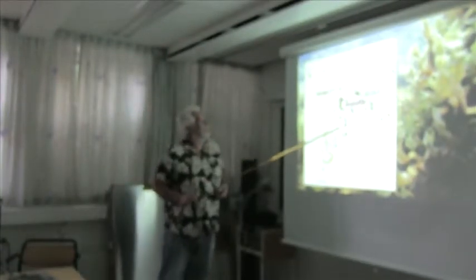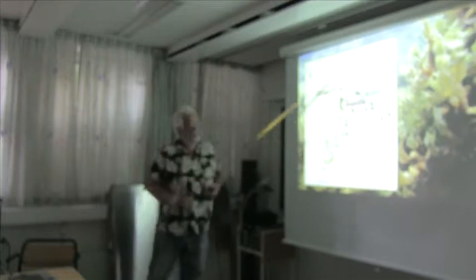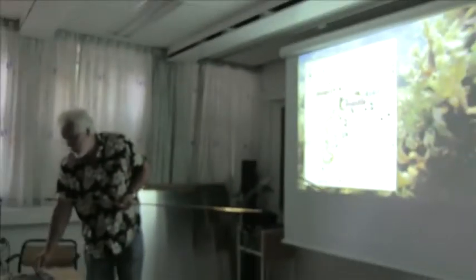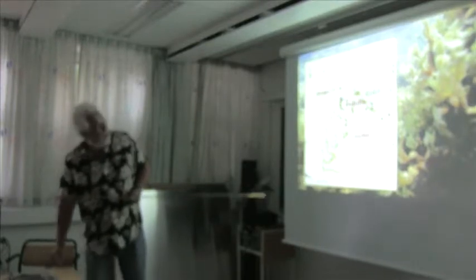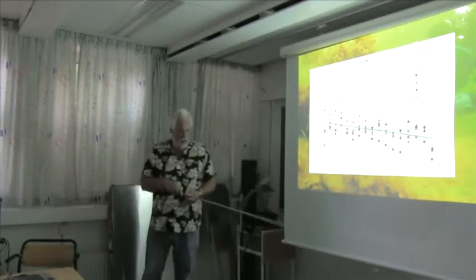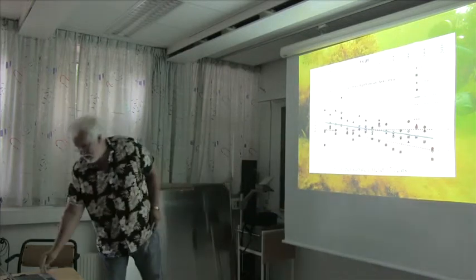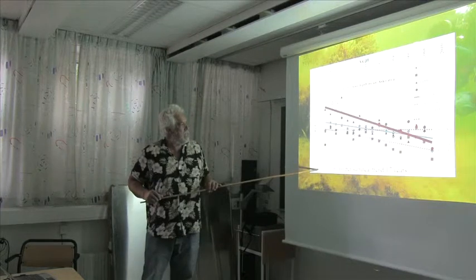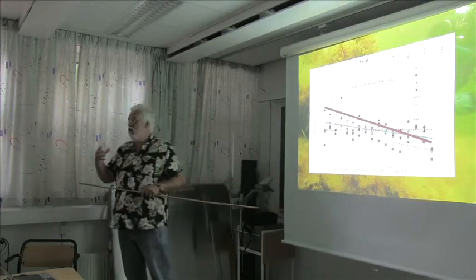This is the Aska area. You will be there next week. These are all the stations I have revisited every year since the beginning of the 90s. You can subdivide them into inner, middle and outer areas. If you look at the distribution of Fucus in this area, this is the mean depth, based on several stations.